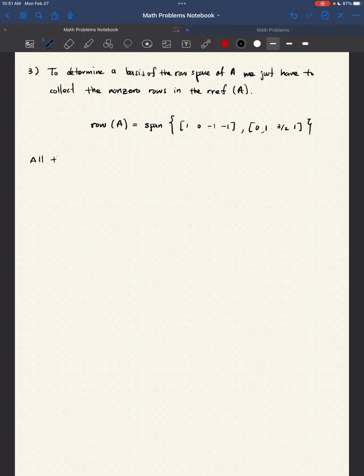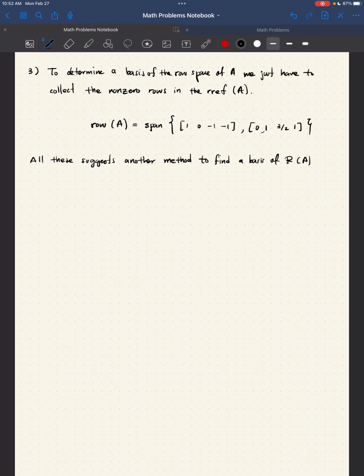All this to find a basis of the range of A. Why is this? Because the range of A is nothing else but its column space. And how do we transform rows into columns? By taking the transpose. So, let me start like this.